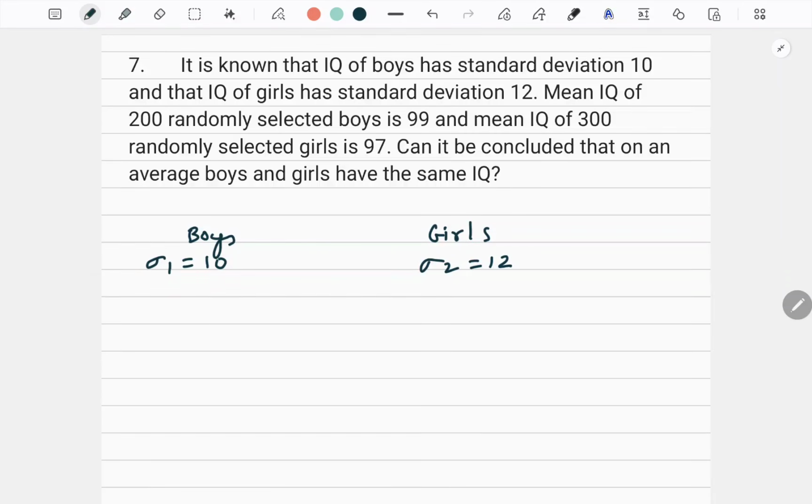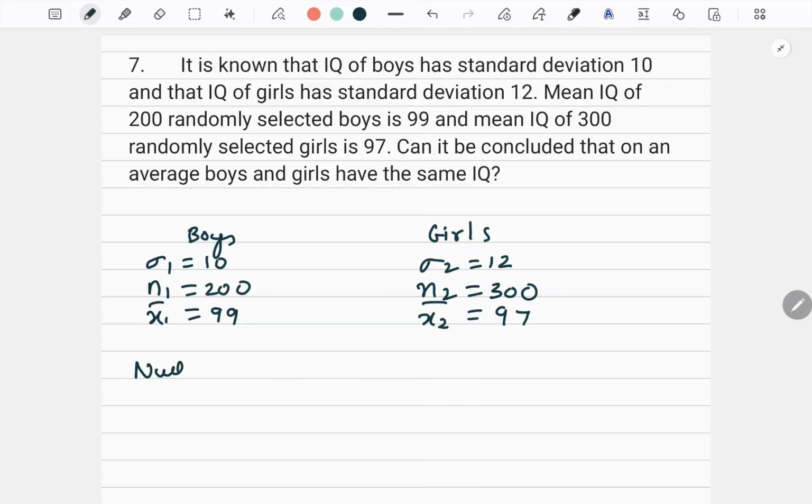The mean IQ of 200 random boys means n1 is 200 and x1 bar is equal to 99. And mean IQ of 300 girls means n2 is equal to 300 and x2 bar is equal to 97. Now, can it be concluded that on an average boys and girls have the same IQ?